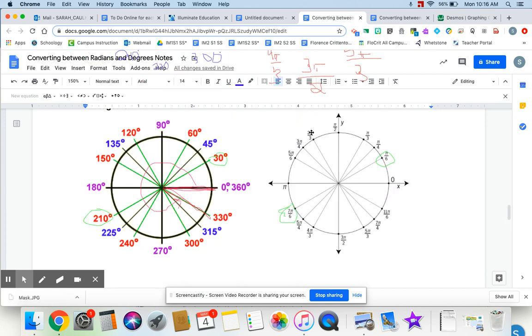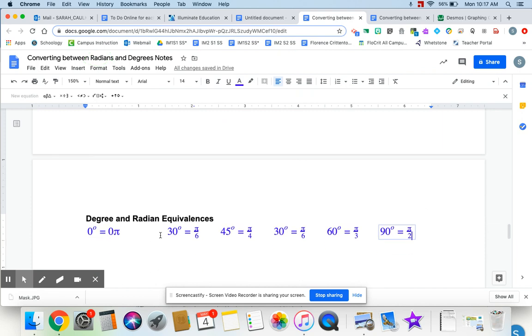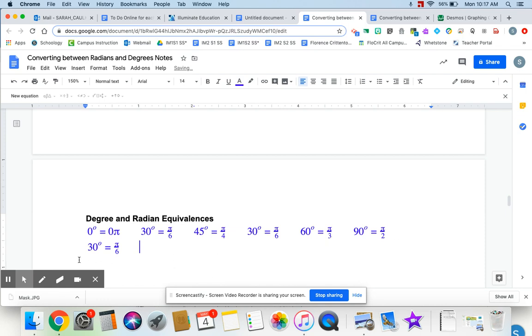Next, I don't want to do this one because 2 pi over 3, I already know what pi over 3 is. It just means I have 2 of them. I already know what a pi over 4 is. I have 3 here, though. I have 5 pi over 6, and I know what a pi over 6 is. But here's just a pi at 180. So let's go ahead and add that one in. 180 is just pi.